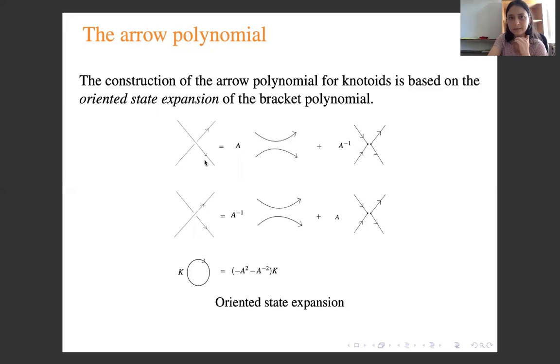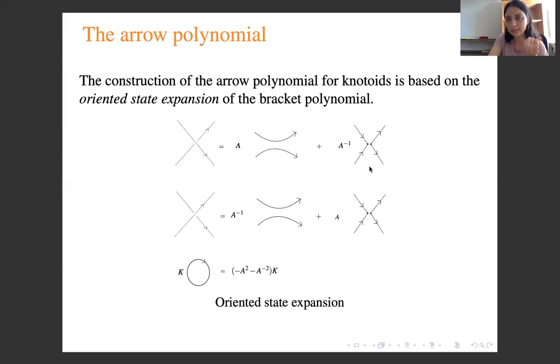We don't ignore it. So when we keep the orientation, we see that one of these smoothings, A or B, would result in an oriented smoothing, a smoothing that is compatible with the orientation of the local picture here.